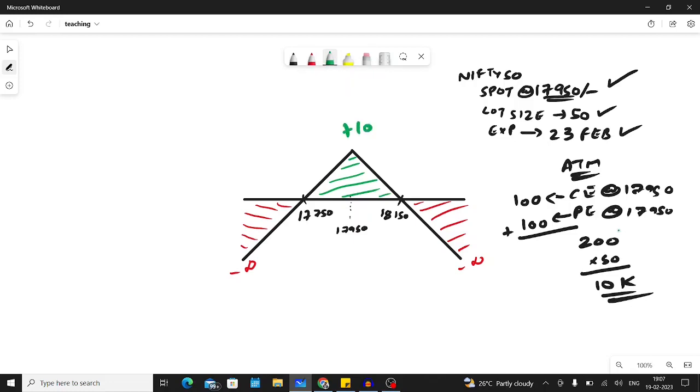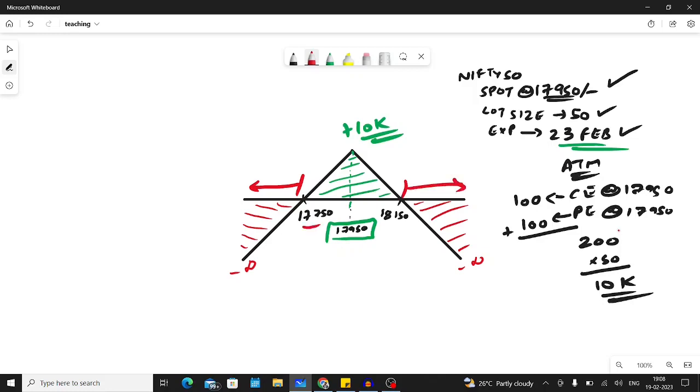So we are going to make a maximum profit of 10,000 if on 23rd of February Nifty expires at 17,950. And anything lower than 17,750 and higher than 18,150, we are going to end up in a loss.